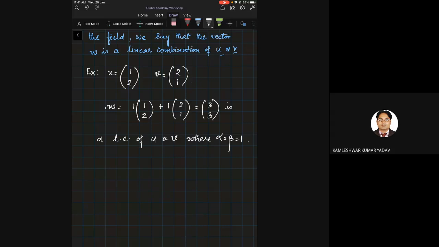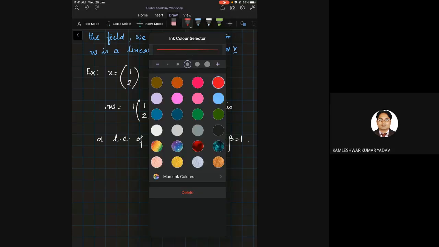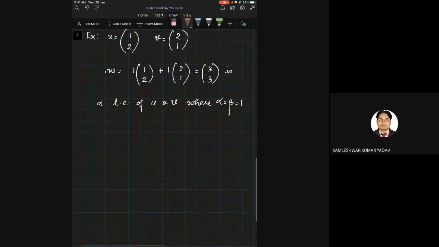Now I'm going to make one more definition. We're going to talk about linearly independent sets of vectors. What do we mean by a linearly independent set of vectors?